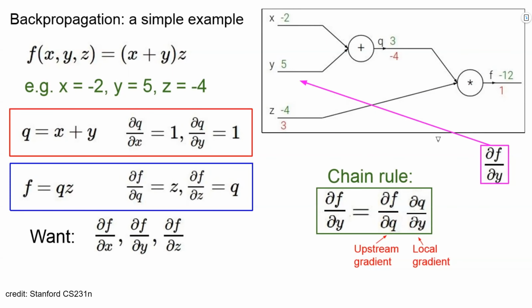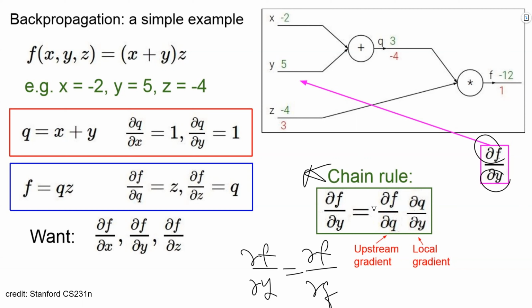And how do you calculate the derivative of f in respect of y? We are going to apply the chain rule. The chain rule states that the derivative of f in respect of y equals, we first derive f in respect of q, and we can view this as the upstream gradient.